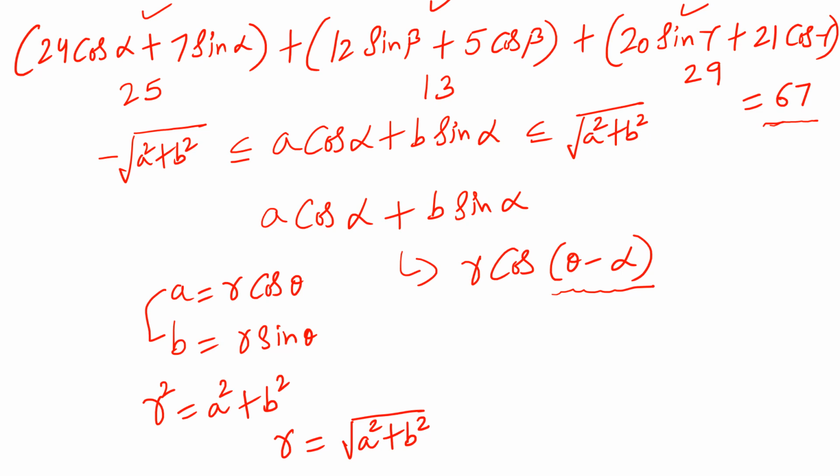So that means theta minus alpha must be equal to 2n pi, or theta must be equal to 2n pi plus alpha. Now since alpha is an angle lying in the first quadrant, obviously we will have to put n as 0. That means theta must be equal to alpha, right?